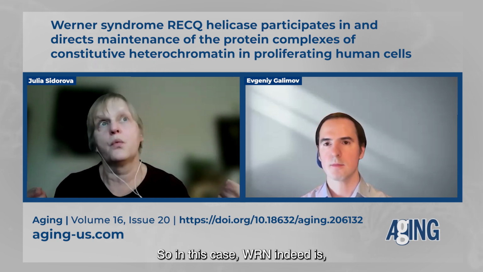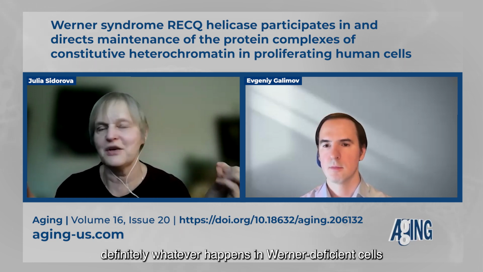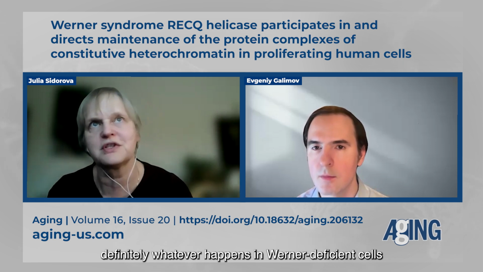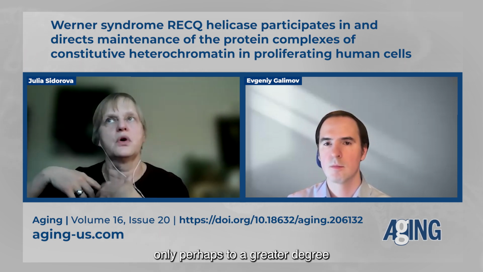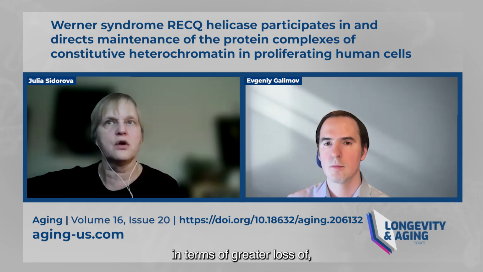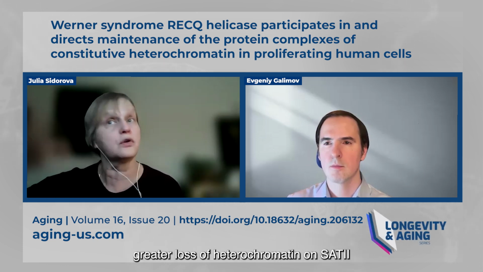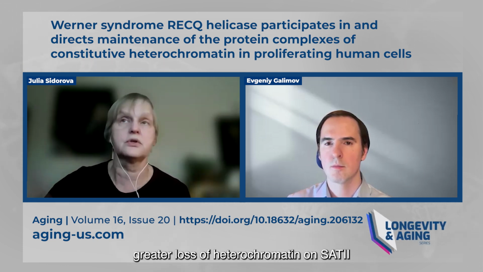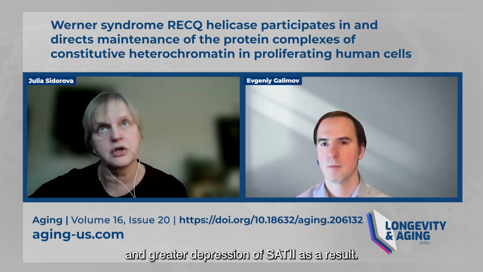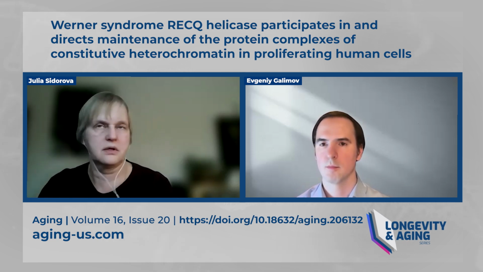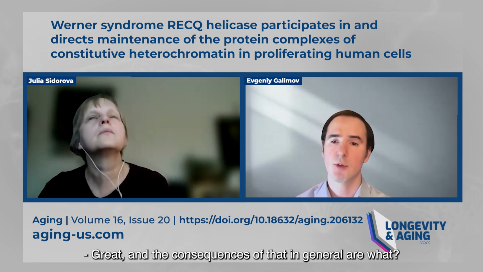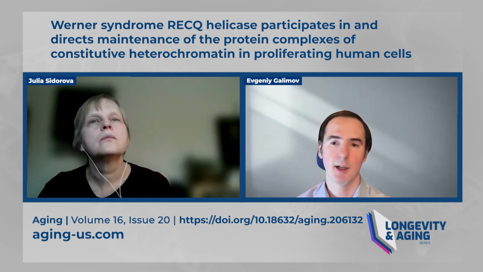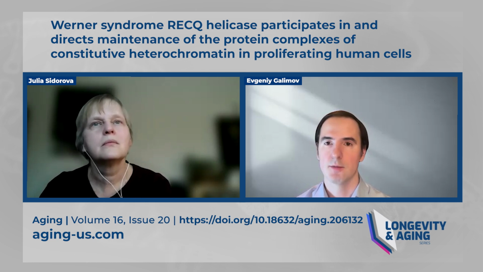So whatever happens in WRN-deficient cells also happens in senescent cells, only perhaps to a greater degree, with greater loss of heterochromatin on SAT2s, and greater derepression of SAT2s as a result. Great. And the consequences of that in general are what?